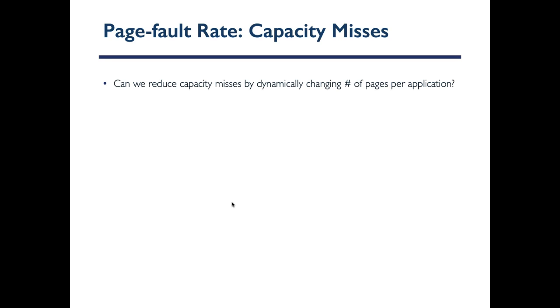One of the things that happens in practice is you make an allocation and then you observe the page fault rate for each application.